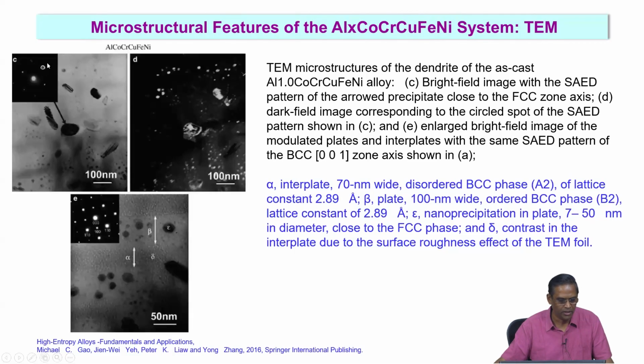So the dark field is produced by this diffracted spot, and then you see a lot of features inside, small white domains appearing, okay.